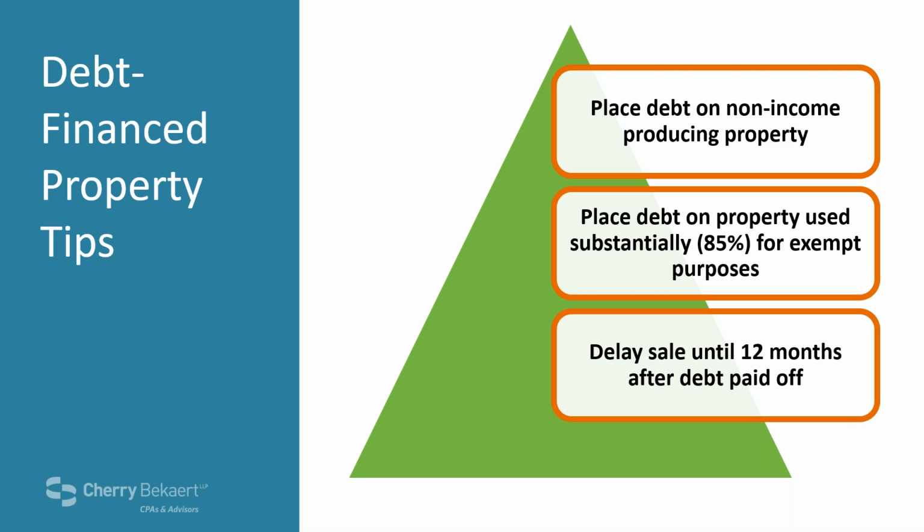Also looking at whether you can meet the substantially all exempt purpose test and then potentially putting debt on that property or trying to kind of monitor the usage of the organization's property for unrelated purposes, trying to meet that substantially all test, just making sure that you always keep the usage at 15% or below.